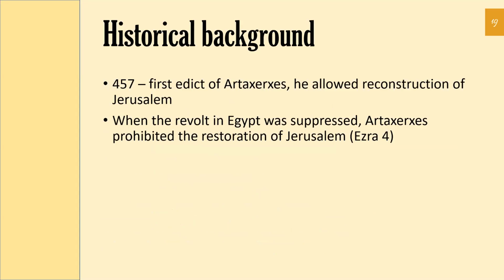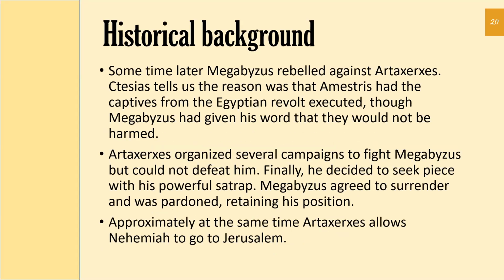But there was a very interesting event that happened afterwards. Megabyzus, and actually he was also a relative of Artaxerxes, his wife was Artaxerxes' sister. Of course, she was not the full sister, most probably she was a half sister of Artaxerxes. But anyway, they were relatives.